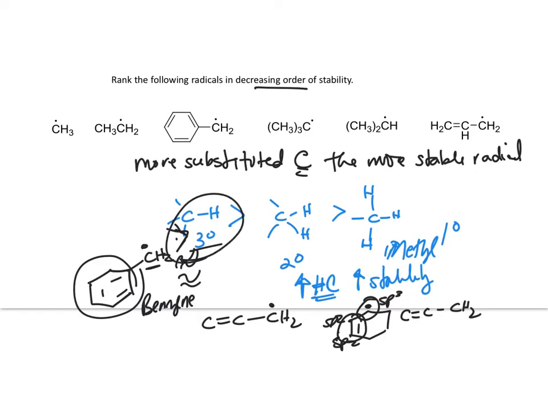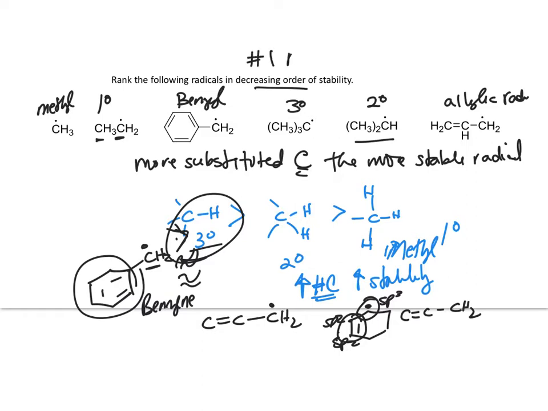So when you do this, you classify them. This would be a methyl, and this would be a primary, because that carbon here is connected to another carbon. This would be a benzyl radical. This would be a tertiary. This would be a secondary, and this would be an allylic radical. So I'm going to put decreasing order of stability.